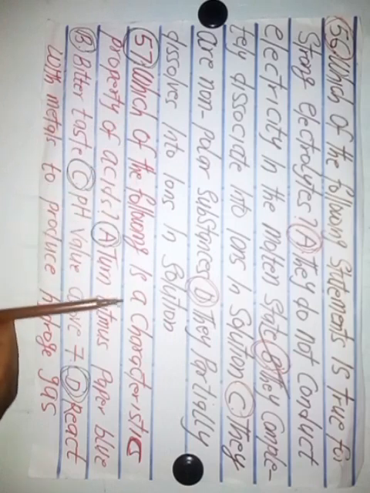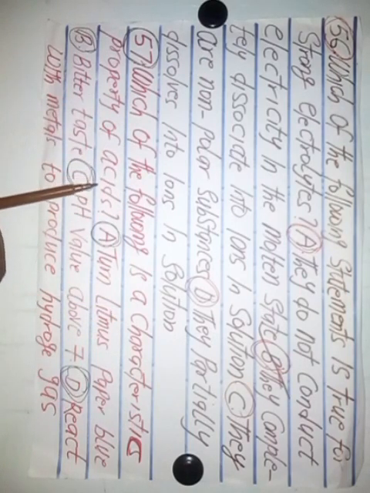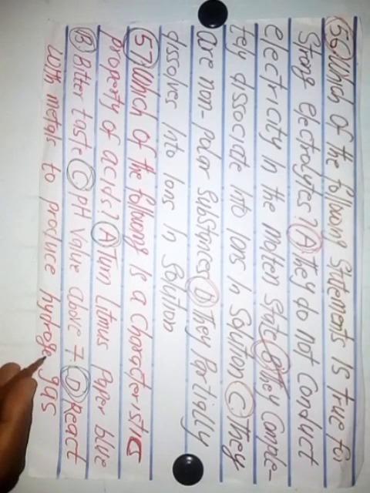Then the last question here. Which of the following is a characteristic property of acids? A, turns litmus paper blue. B, bitter taste. C, pH value above 7. Then D, reacts with metals to produce hydrogen gas.